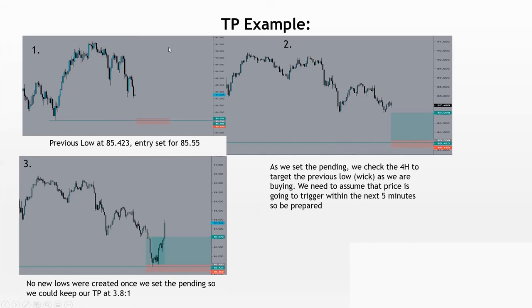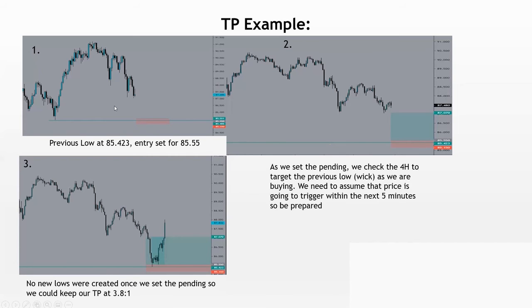Okay. So because our low is 85.423, where are we going to set the pending? Well, we're going to set the pending at 85.55 because if price comes down here, what is the first confluence price is going to hit? Is the first confluence going to be the round number, or is the first confluence going to be the wick?